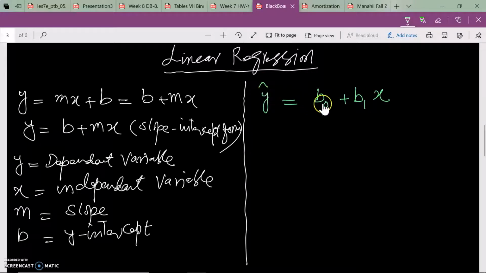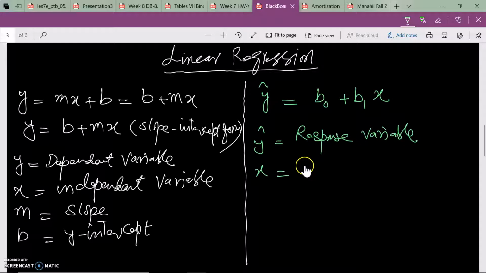Y hat equals b0 plus b1 x. What are these things here? Here y hat is called the response variable. X is called the explanatory variable.